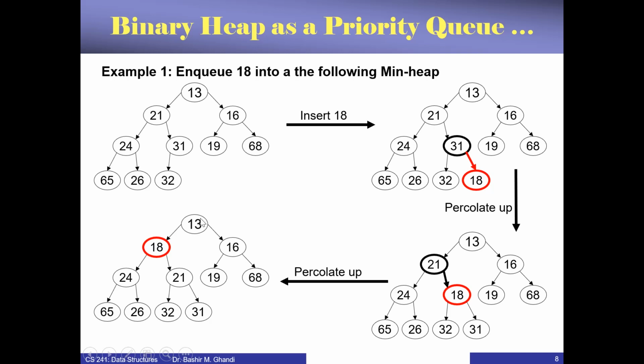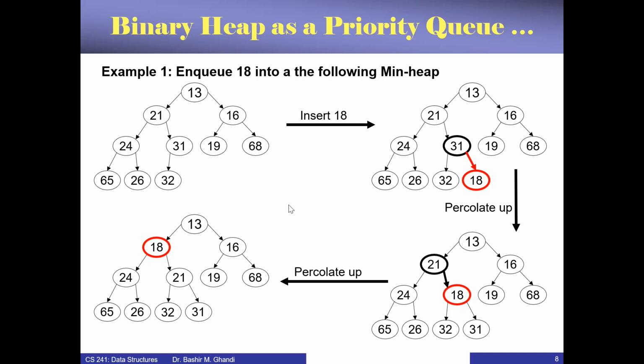This time it is not, and therefore this is where the percolate up will stop, and this is where 18 will be inserted. So basically this is the process of insertion, in 2 steps. First, insert it at the end of the tree, then percolate it up until it reaches the correct place based on the ordering of the tree.